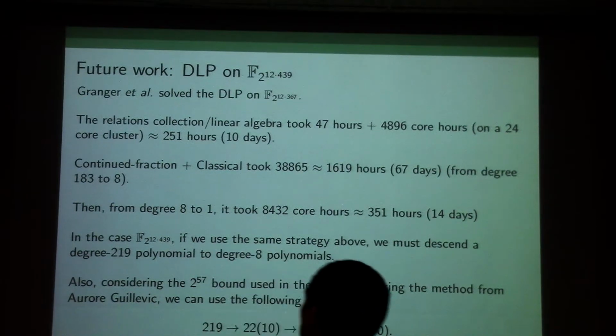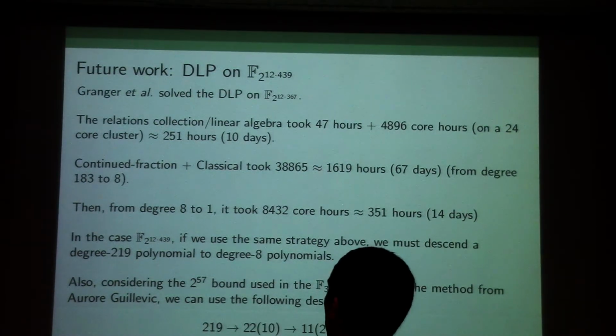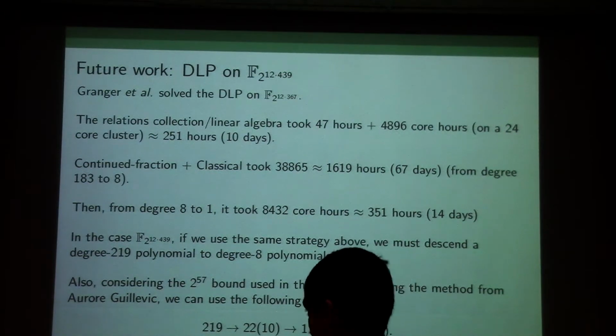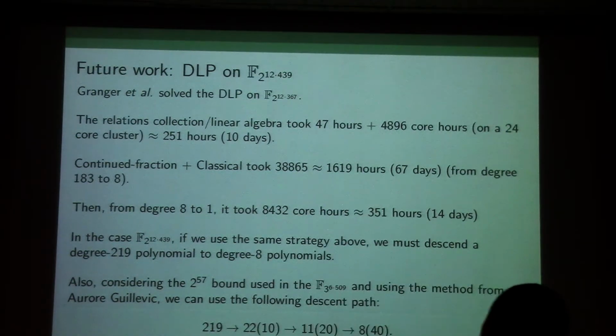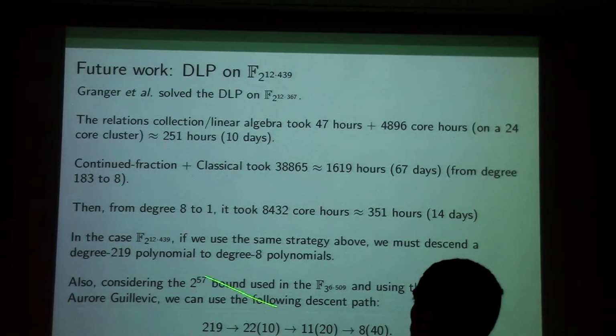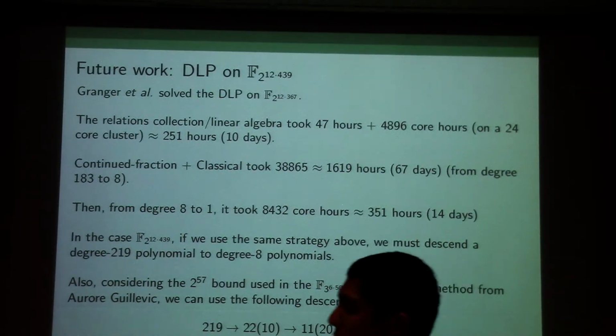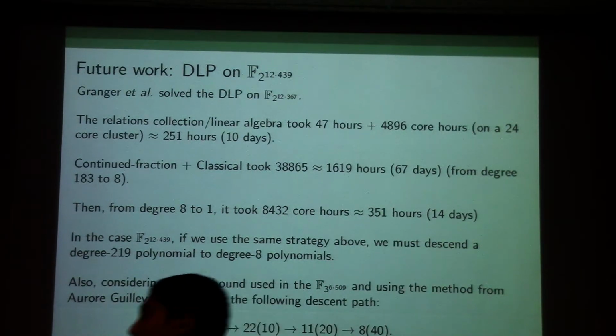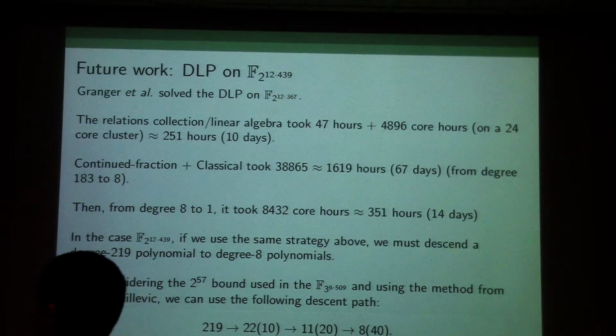So the only different method for us will be this section here, continued fraction plus classical descent. So we need to descend in this case using continued fractions. We can reach a degree 219 polynomial. Well, for continued fractions we need 2 of them, but here I bring a heuristic.